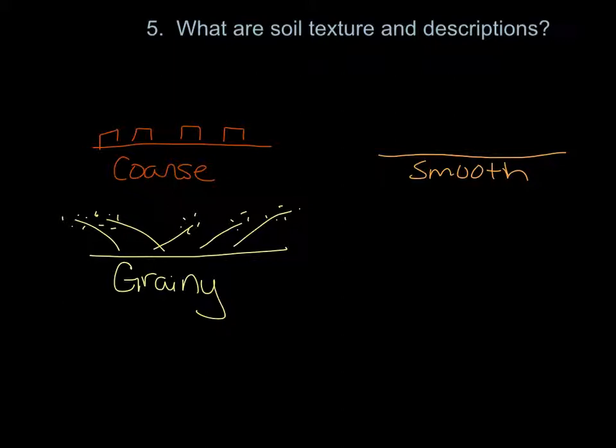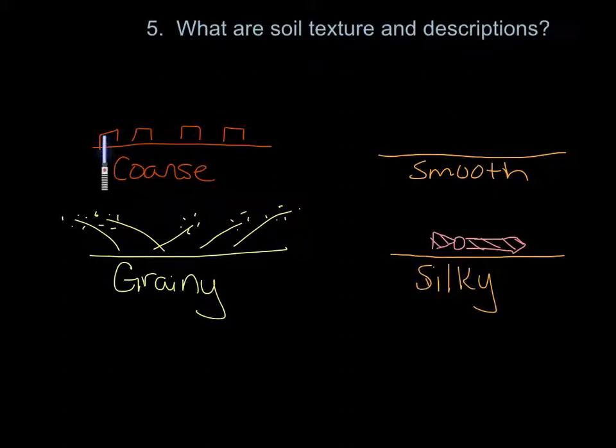Or we could say it's silky. So I'm going to represent my silky soil with a silk tie. Okay, so those are our 4 different soil textures: coarse, grainy, smooth, and silky.